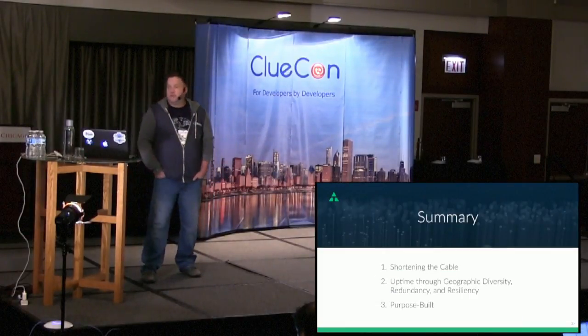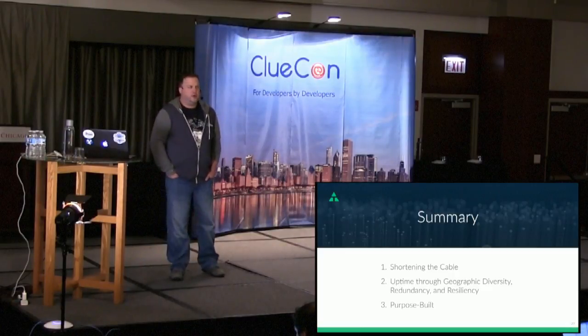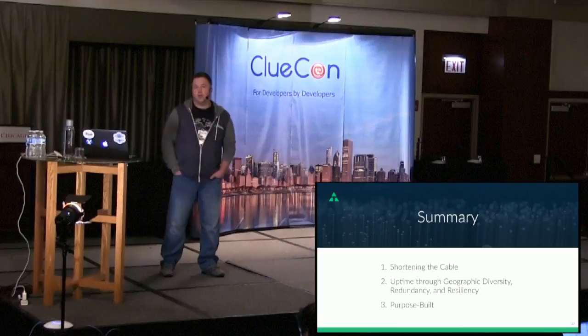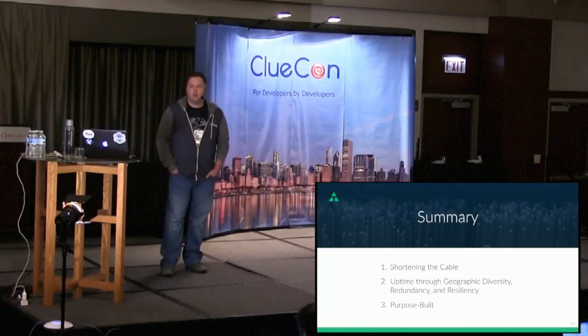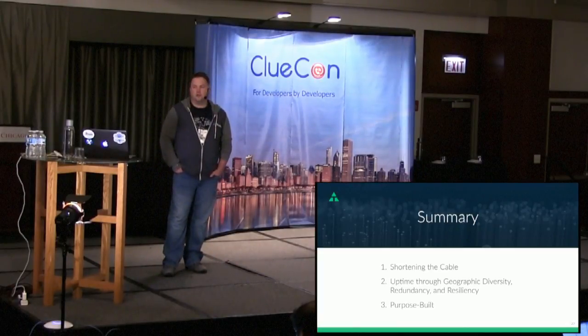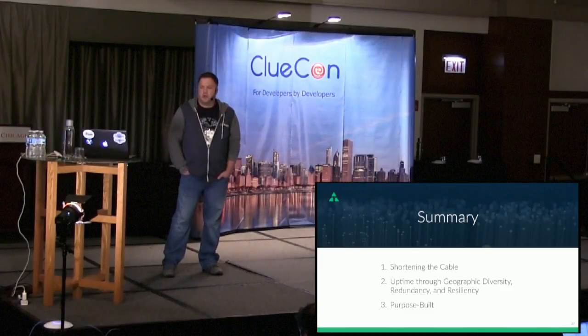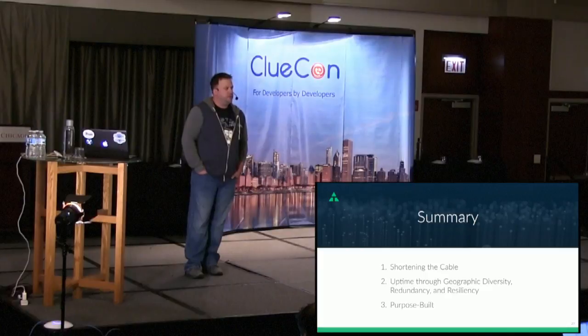To summarize what we talked about, the general theme here is we're trying to shorten the cable. We're trying to get as close to our customers as possible to maintain a sense of quality and deliver the best possible performance that we can within our infrastructure. Cloud-centric uptime is given through geographic diversity, redundancy, and resiliency.